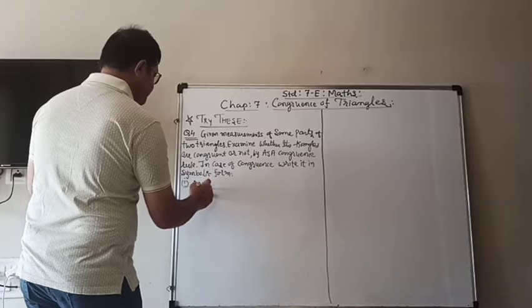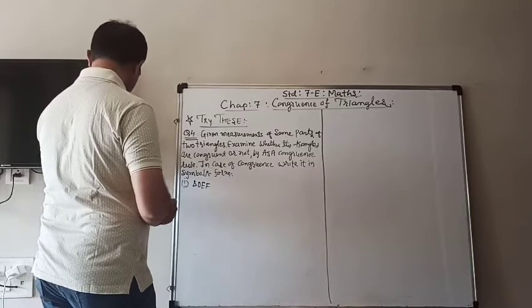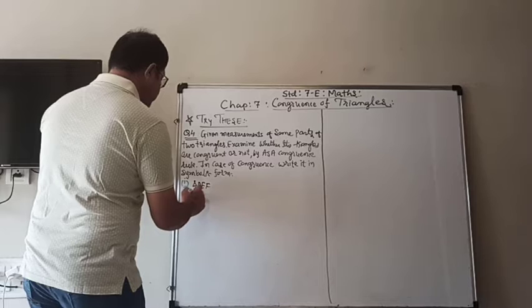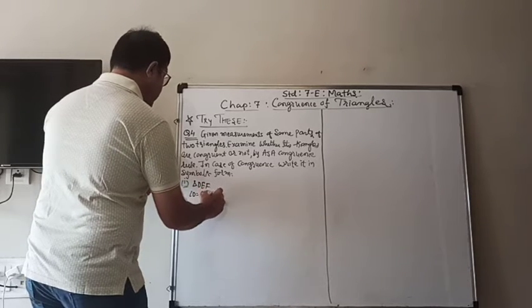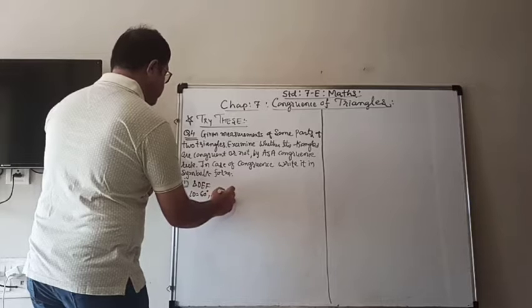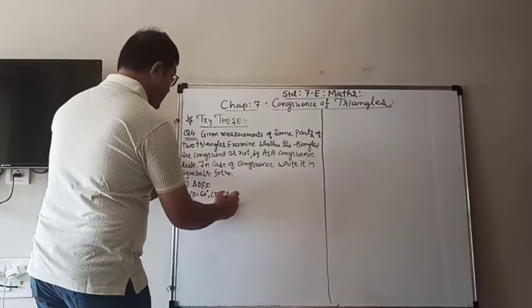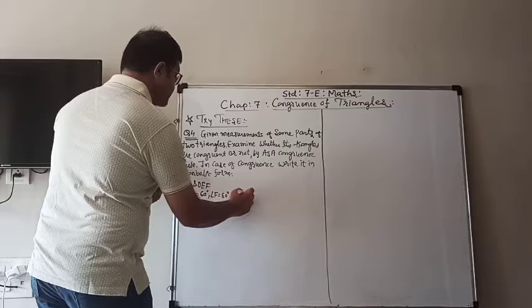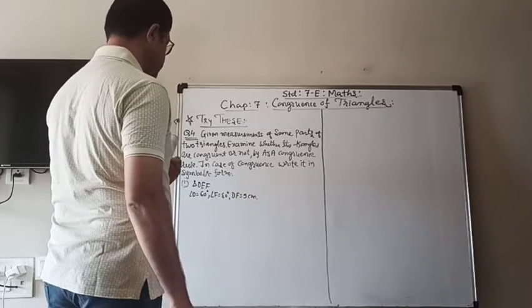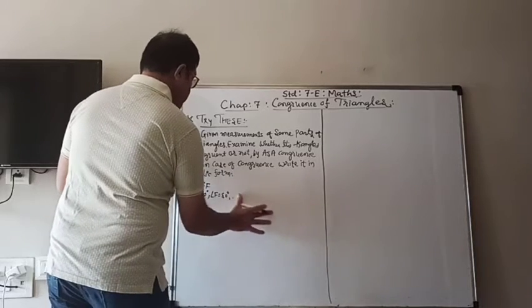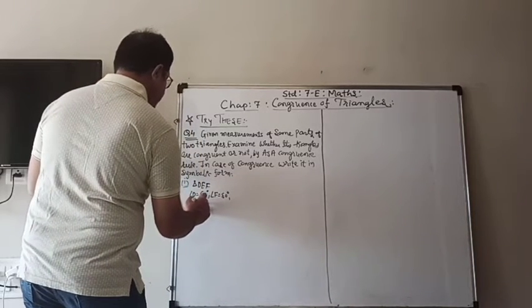Triangle DEF, in which it is given that angle D is 60 degree, angle F is 80 degree, and DF is 5 centimeter.